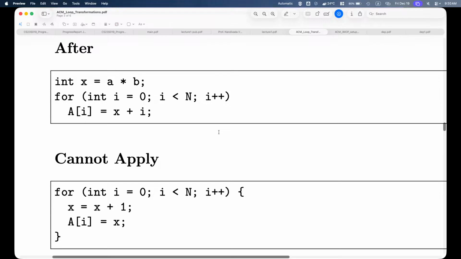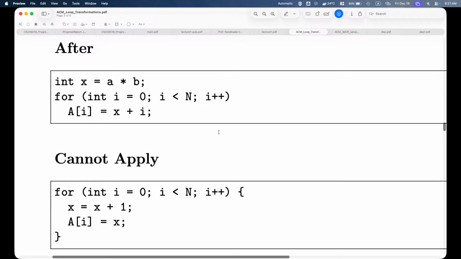So the RHS, see, it's not the LHS that we care for, it's the RHS. In the previous case, the RHS A times B was loop invariant. X is defined in the loop, but the RHS is not. So focus only on the RHS, not on the LHS.